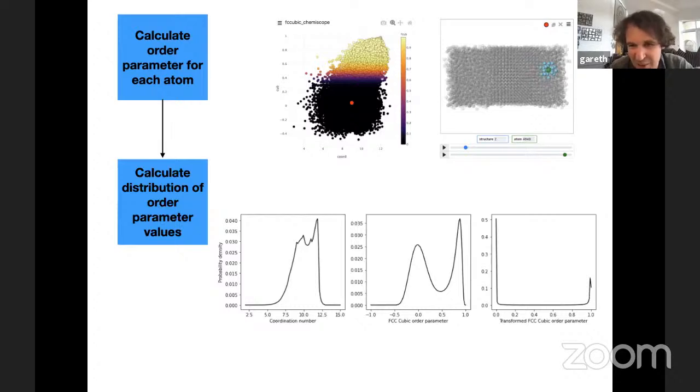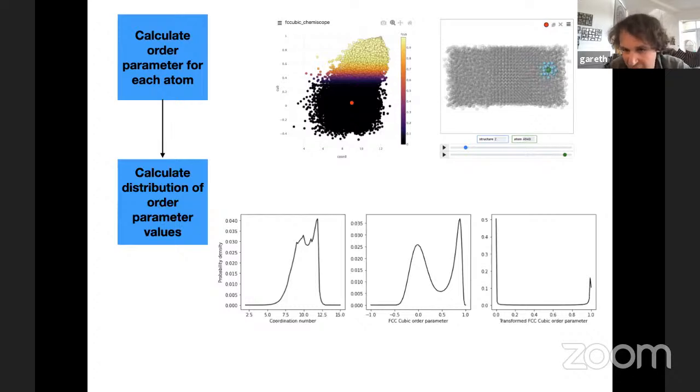Okay, so you've got a solid-like bit in the middle where you can see that the atoms are ordered, and you've got a liquid-like bit on the edges. And when you look at the distribution of order parameters, you see that in at least two of those distributions, so in the middle panel, the distribution is bimodal. So you have a peak at 0, which corresponds to the value of that order parameter for the liquid, and a peak at around 0.7, which corresponds to the value for the solid.